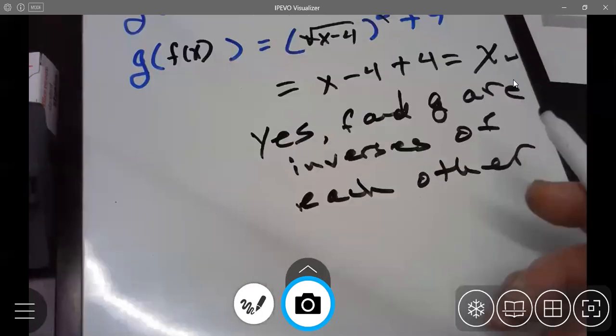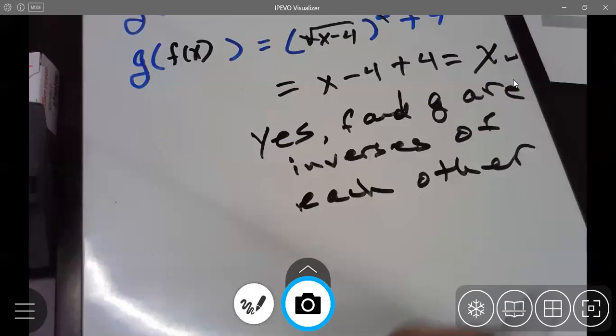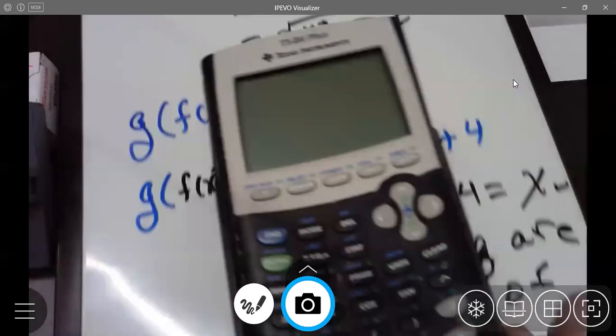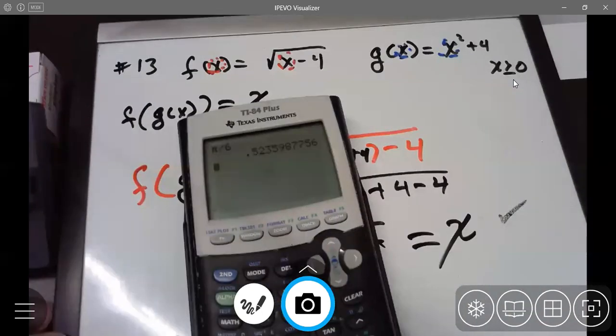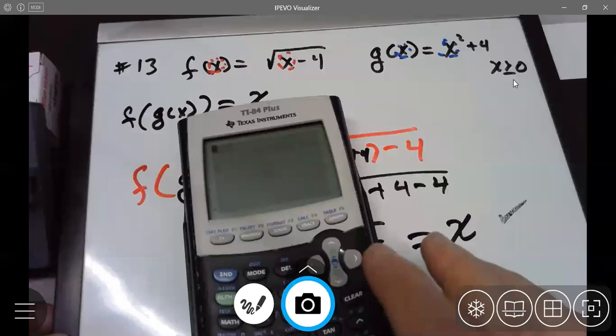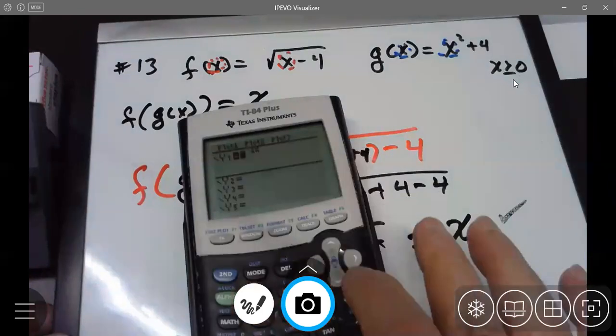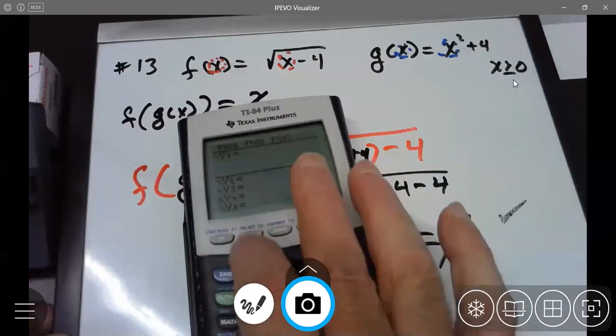Okay, so let's see what that looks like on the graphing calculator. So come back up here, and we're going to put in here, clear that, and I'm going to check my mode.